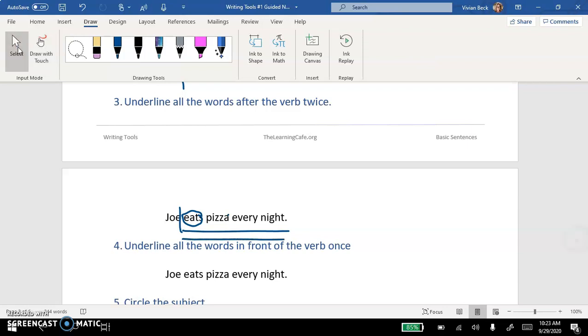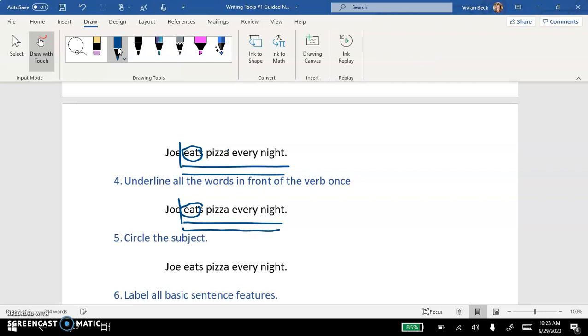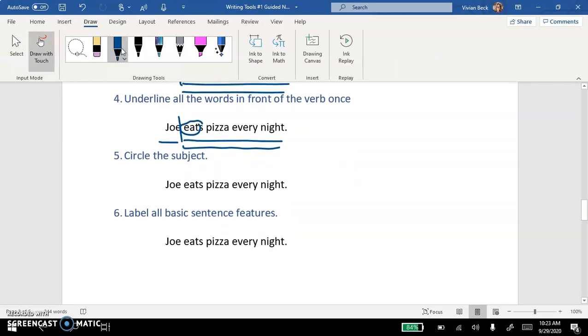And the next step is to underline all the words in front of the verb once. So remember, we circled our verb, we put a vertical line there. This is the complete predicate, and we underline everything before it, and that's the complete subject. And here we have Joe eats pizza every night.